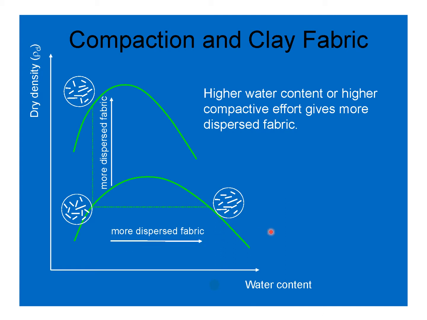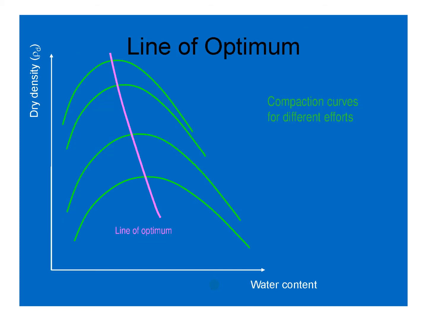And because more compactive energy was involved here, the effect of that increased compactive effort is a more dispersed fabric. Well, if we join the peaks of the curves, this is called the line of optimum, and usually this line is parallel to the 100% saturation line.